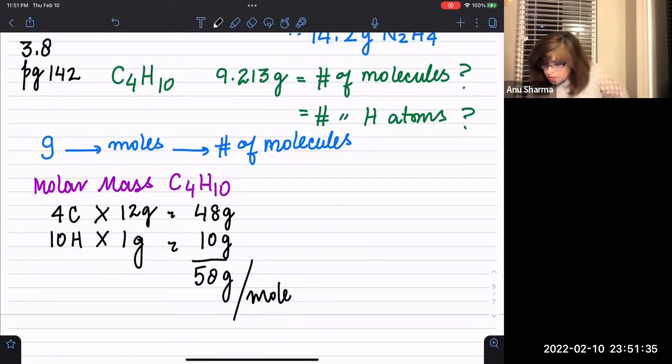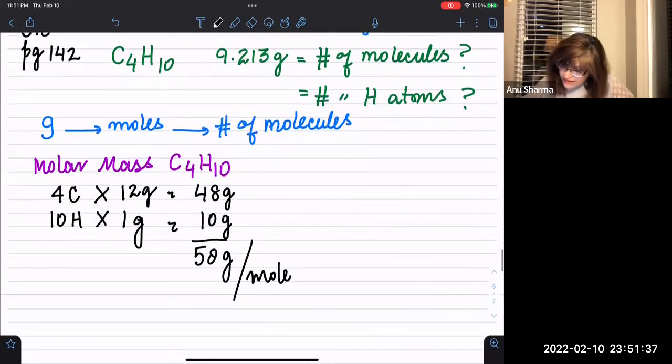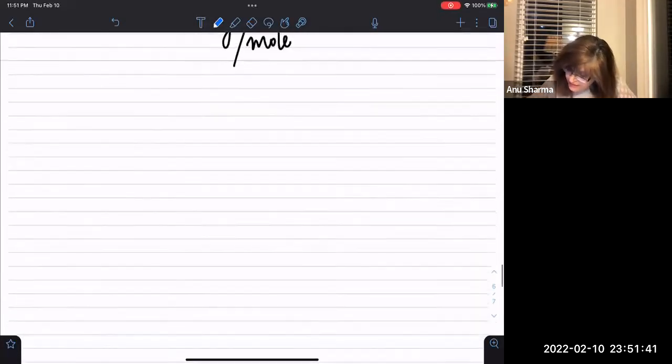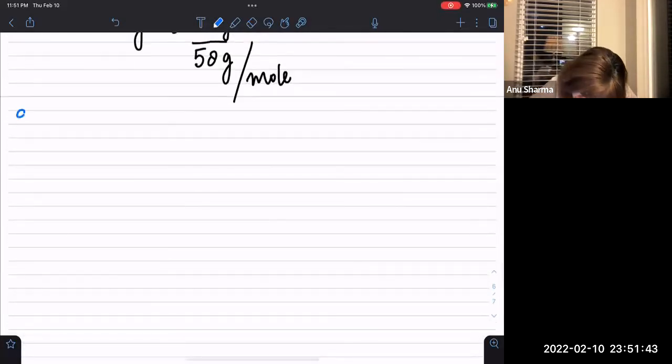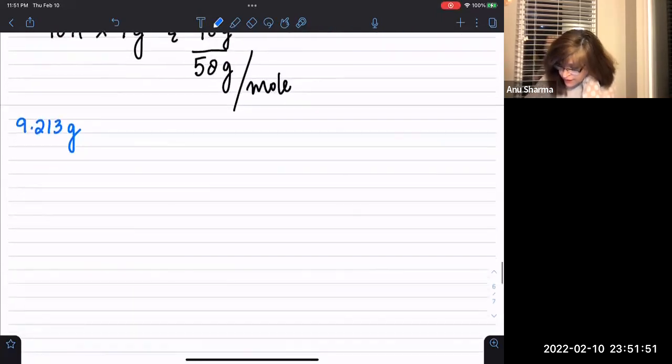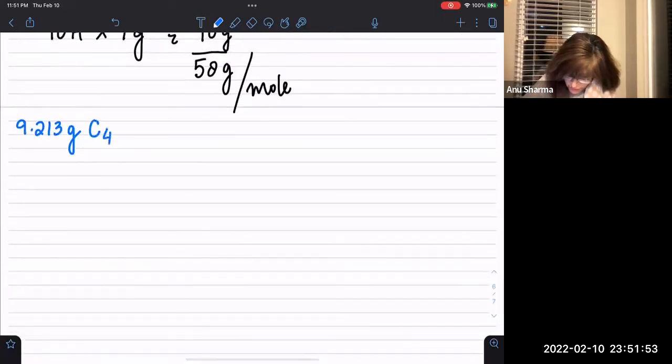All right, so that's the molar mass. Now you take 9.213 grams of C4H10 and convert that to moles first of all.